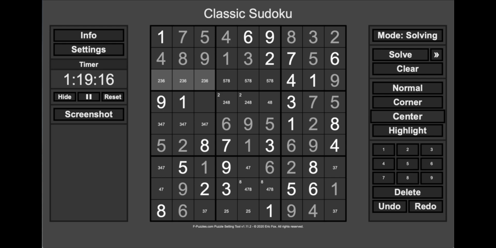Now, 9, 1, assuming this 3, 4, 7 is still correct, I've got 1, 2, 3, 4, 5. Okay, that one is 6 because it can't be anything else. So that forces this to not be 6.